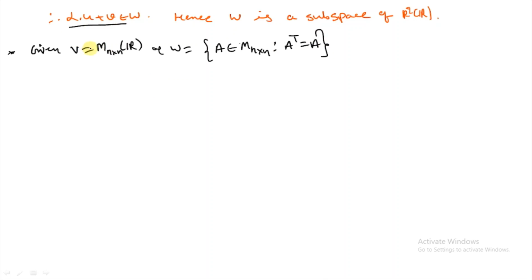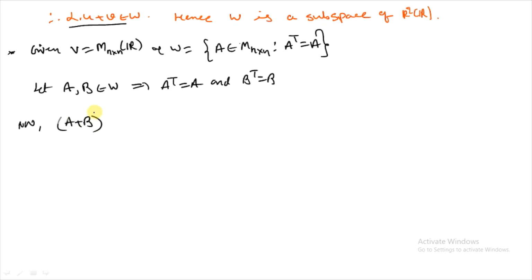Suppose I check individually, the vector addition and scalar multiplication. Let us take A, B belonging to W. When two elements are in W, it satisfies A transpose equals A and B transpose equals B, because when a matrix is in W, it is a symmetric matrix. So now, first condition: if (A plus B) transpose is the same as A plus B, then A plus B belongs to W.